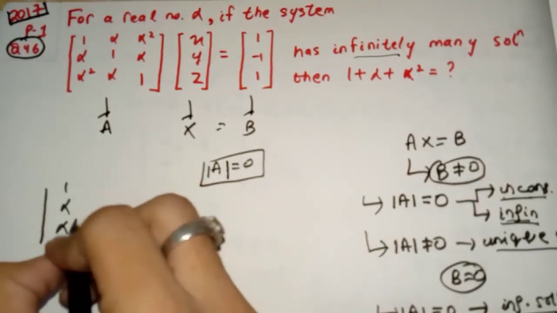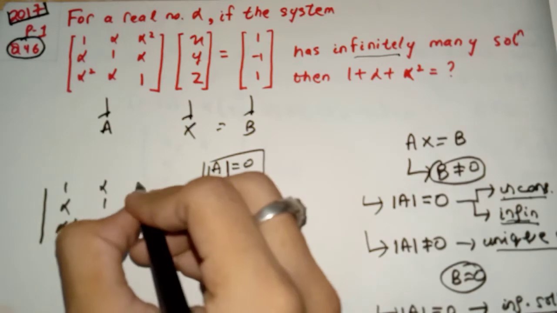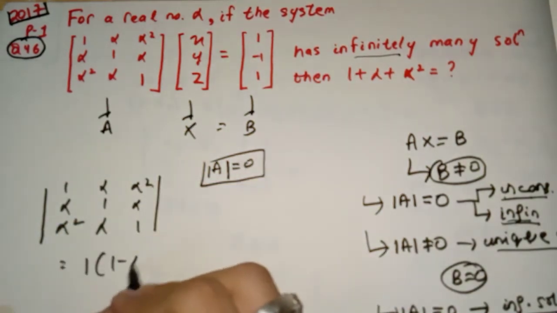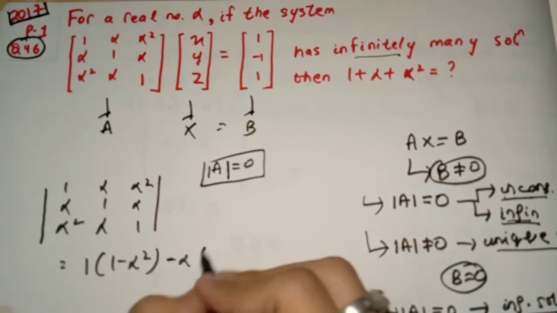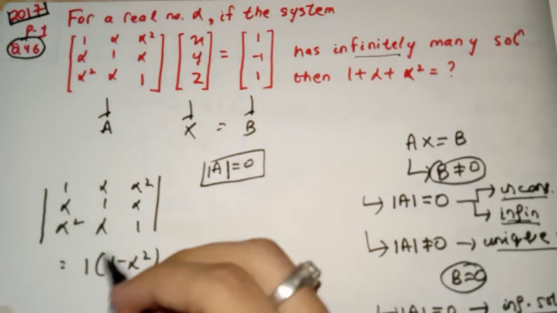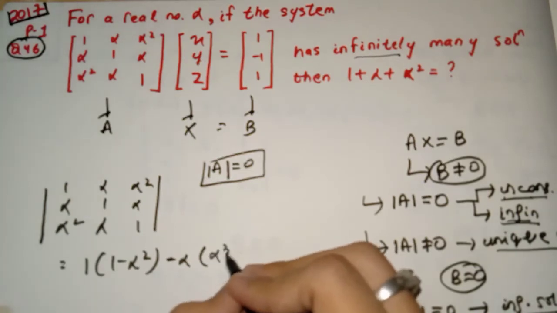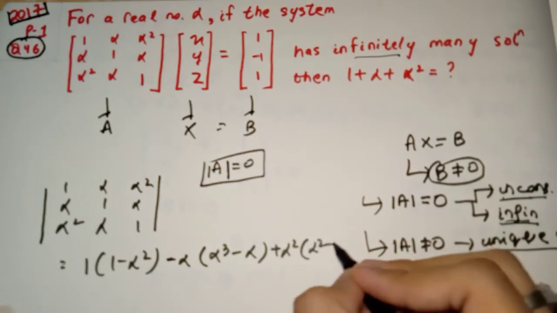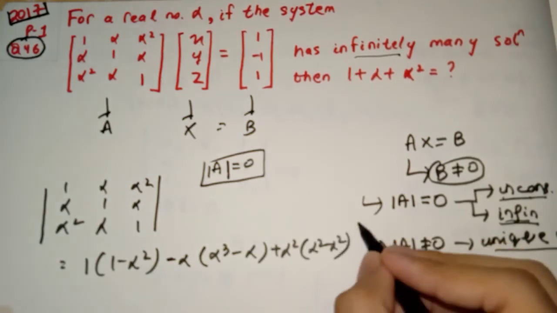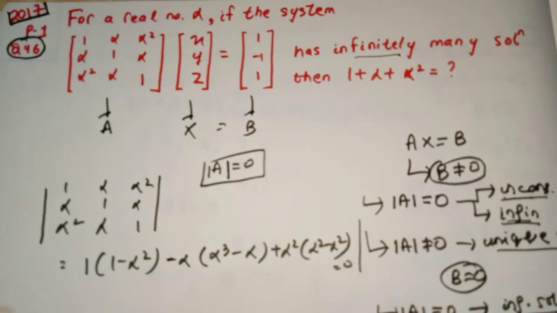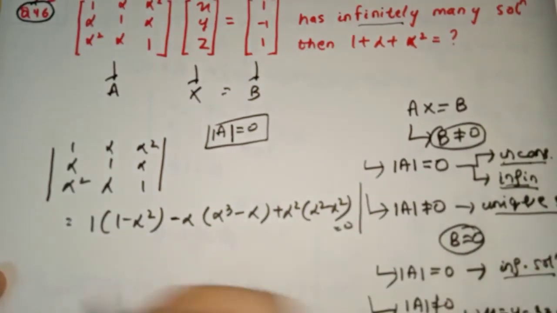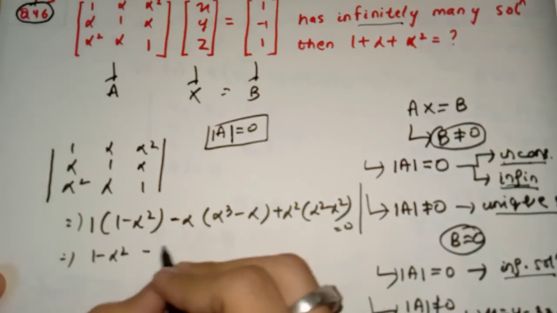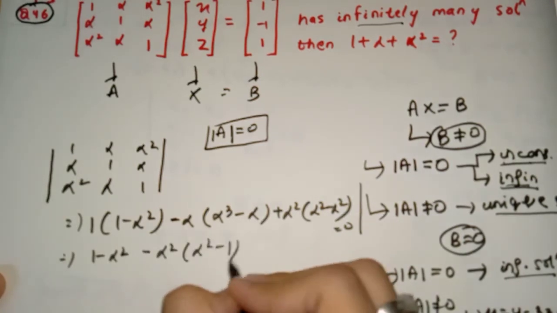A is 1, alpha, alpha square; alpha, 1, alpha; alpha square, alpha, 1. Calculating it, 1 times (1 minus alpha square) minus alpha times (alpha cube minus alpha plus alpha square times (alpha square minus alpha square), and this should be equal to 0. Now proceeding, (1 minus alpha square) times (alpha square minus 1) is equal to 0.